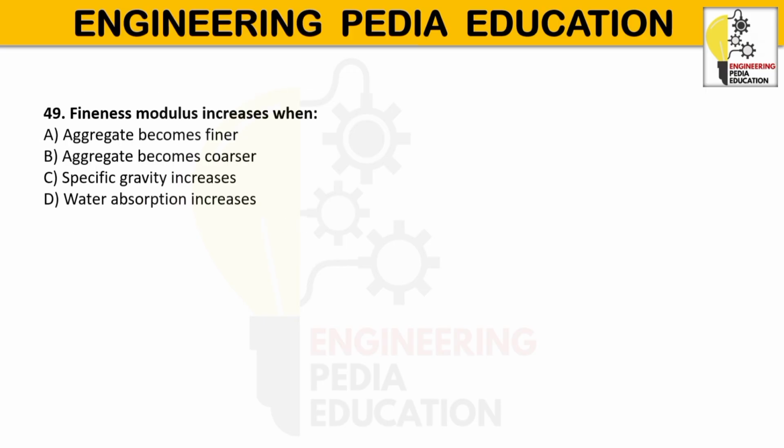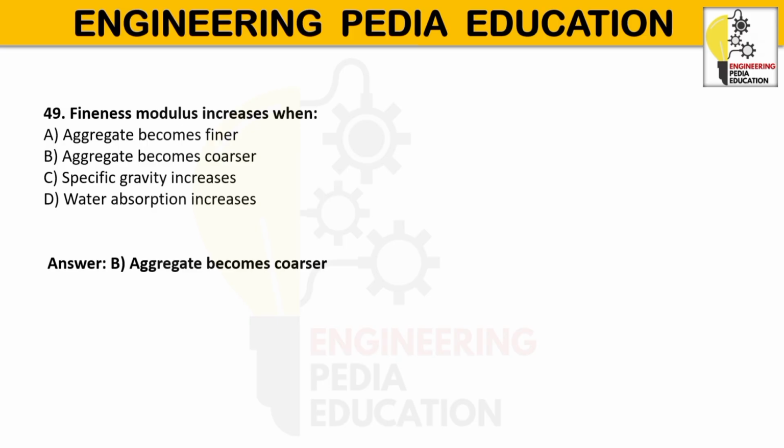Fineness modulus increases when aggregate becomes finer, aggregate becomes coarser, specific gravity increases, water absorption increases. So the correct option is aggregate becomes coarser. Fineness modulus is defined as an empirical number that indicates the average size of particles in an aggregate sample.